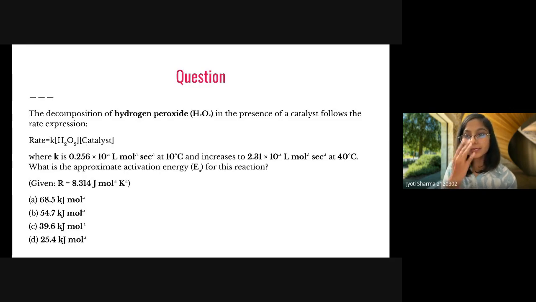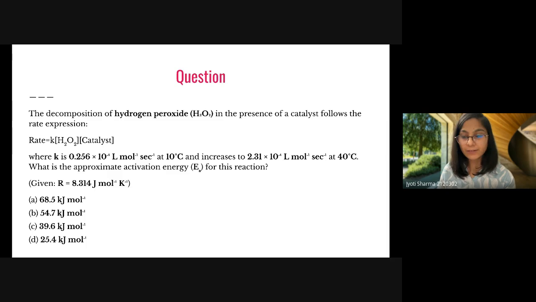Okay, this is the next assignment question. I just changed the values. The decomposition of hydrogen peroxide in the presence of a catalyst follows the rate expression, and this rate is equal to k multiplied by the concentration of your reactant multiplied by the concentration of catalyst.